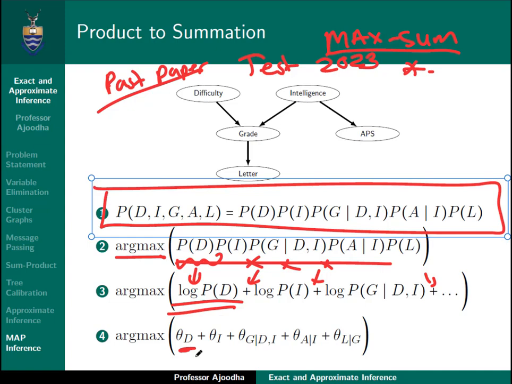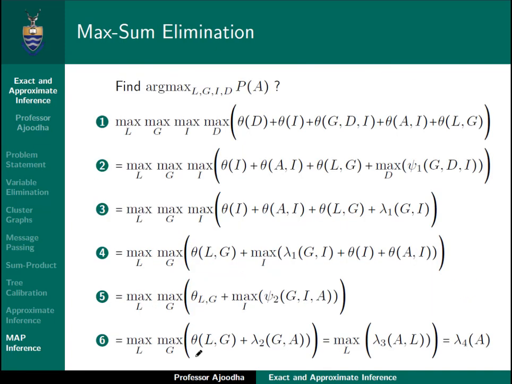It makes things computationally easier, because to find the argmax, the most likely outcome of the probability, we can simply have the max over L, the max over G, the max over I, the max over D, and we can still have an elimination ordering.